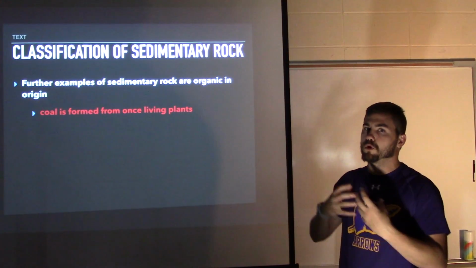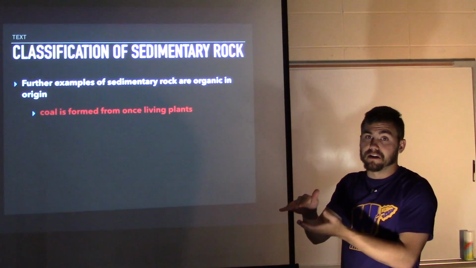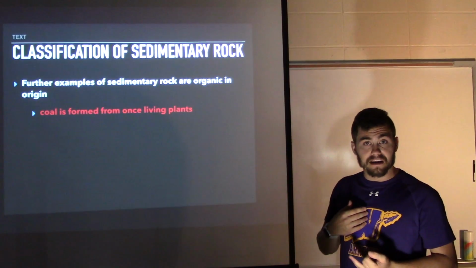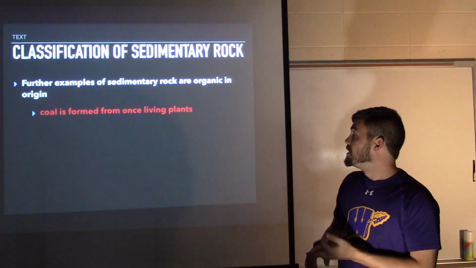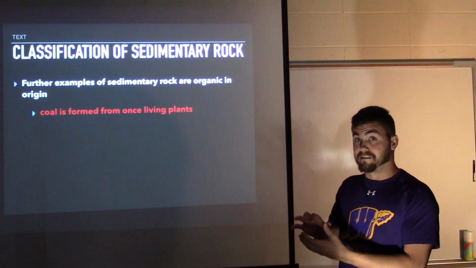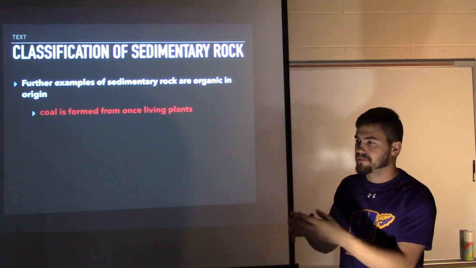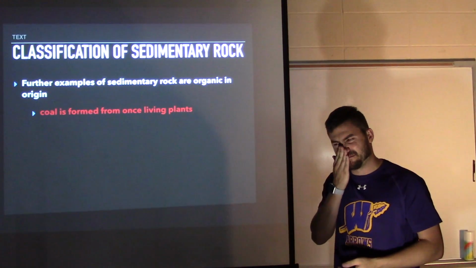It's not still wood when you pull it out of the ground, but wood is made of carbon and hydrogen for the most part. Most of our bodies are made of carbon and hydrogen and oxygen. So the elements that were in the wood are left over, but it's been reduced down. It's not plant matter anymore. It's just simply rocks at that point.